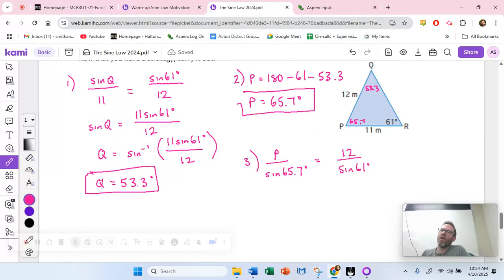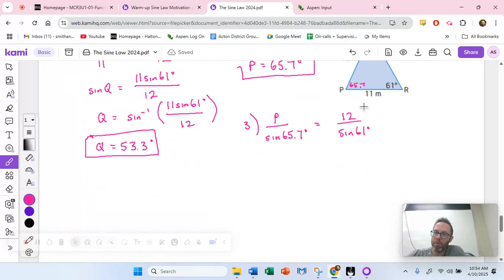You'll notice I don't write out the general sine law for the matching letters all the time, especially now that we've done a few. But please do that if you need to. All right, we're wrapping things up. 12 sine 65.7 divided by sine 61.